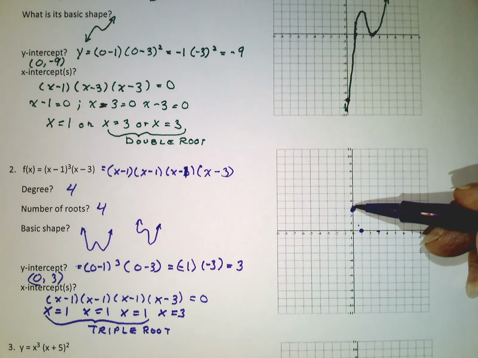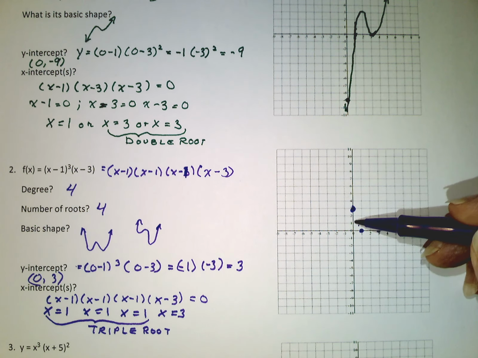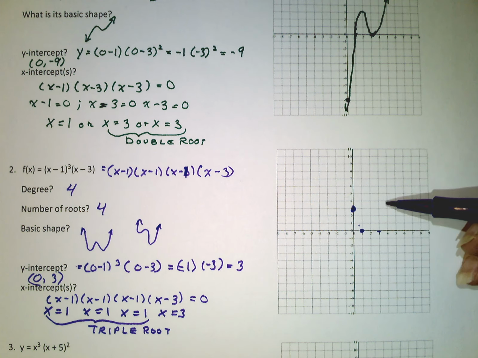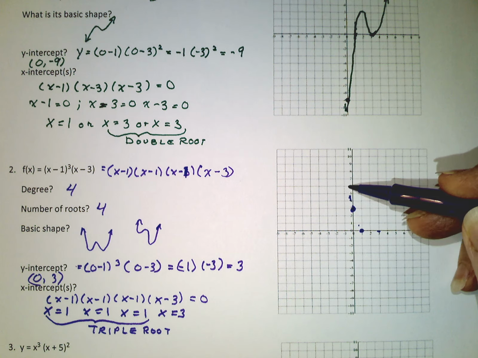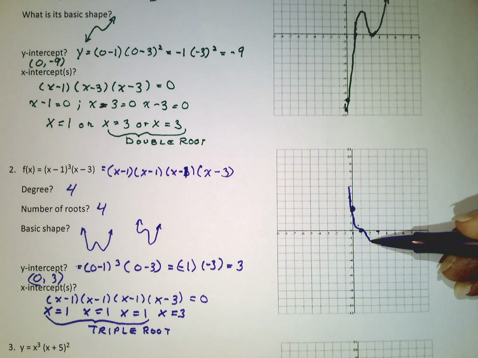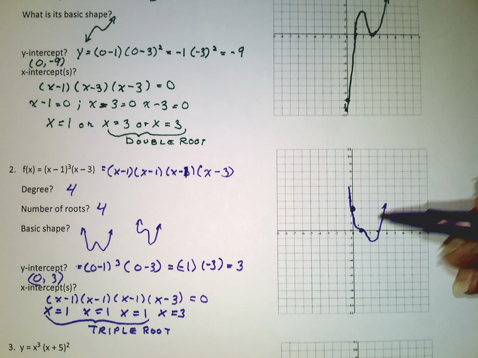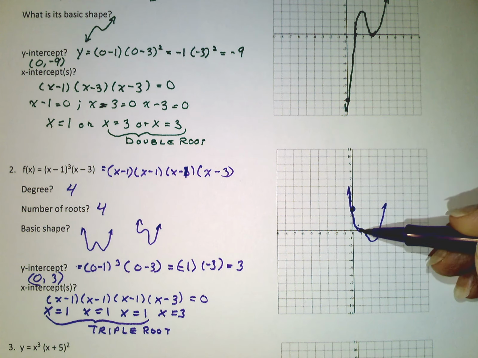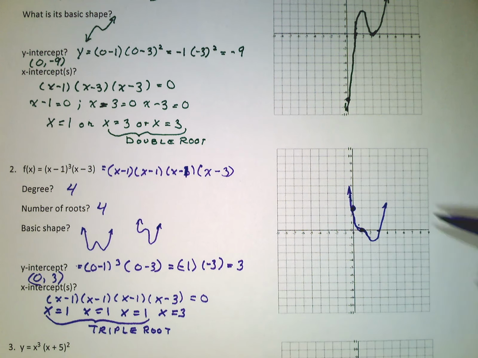It's going to flatten and cross here. And then it's going to have to turn around, come back up, go out through the 3. So it's going to flatten and cross. It's sort of like a W.